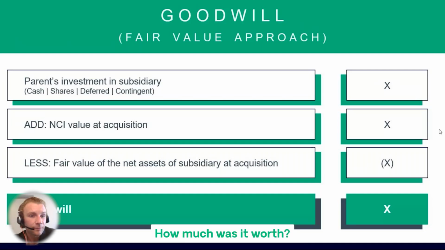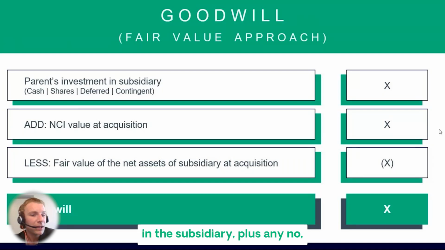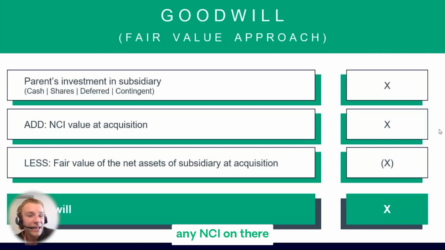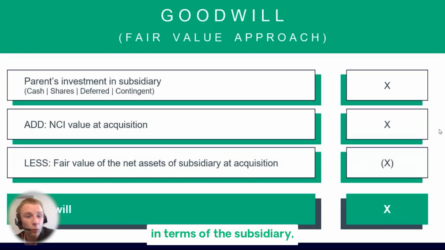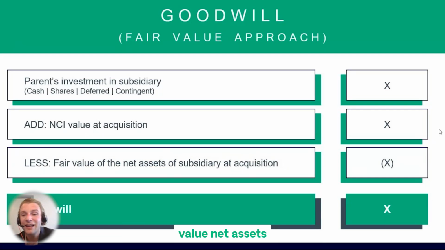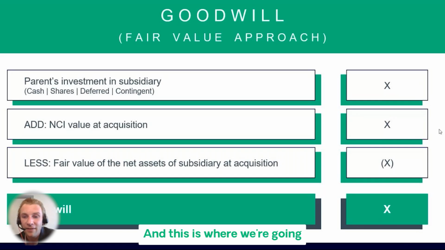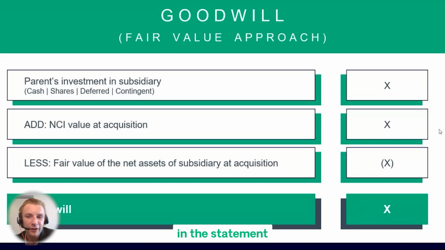How much was it worth? So we've got the parent's investment in the subsidiary plus any NCI, the non-controlling interest value at acquisition, and then less what we actually had in terms of the subsidiary, what were their fair value net assets at the date of acquisition. And this is where we're going to get our goodwill figure, which will then be placed in the statement of financial position.